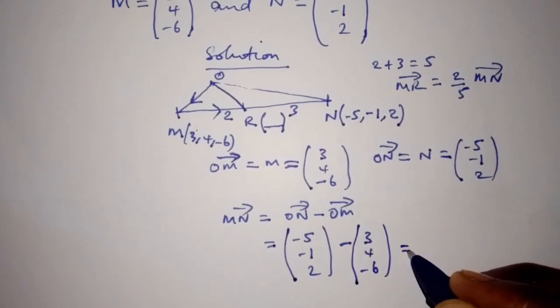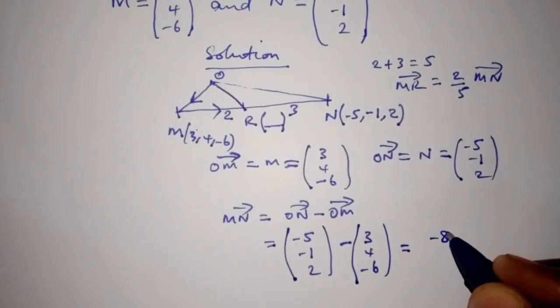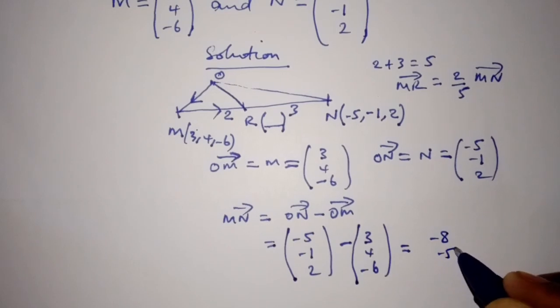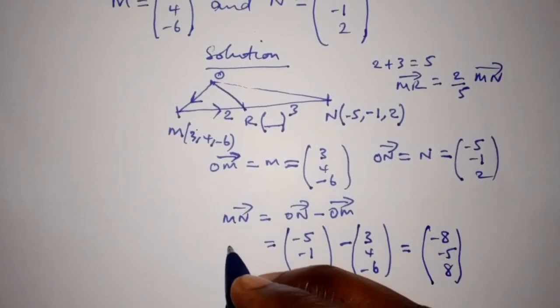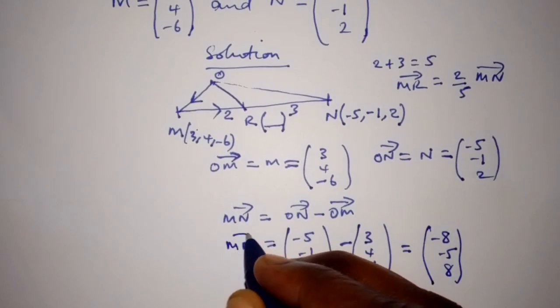It will give us (-8, -5, 8). That is vector MN.